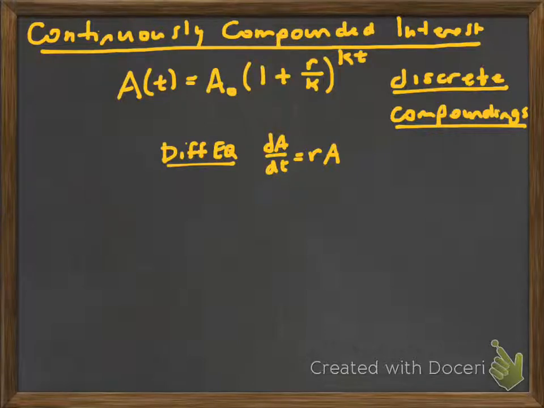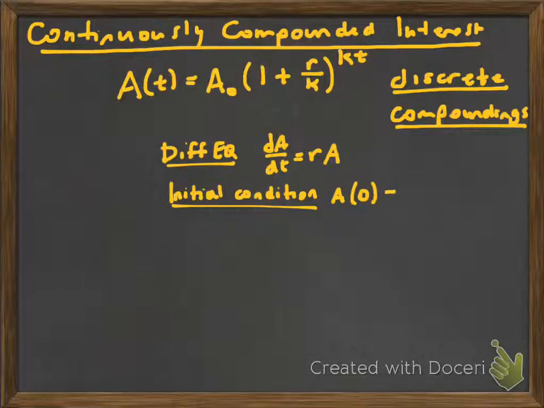So I don't want you to think you have a whole new set of stuff to learn here. It's the same thing you've been doing the whole time. It's just a matter of what you remember about it. And of course, your initial condition is that A of 0 equals A sub 0.